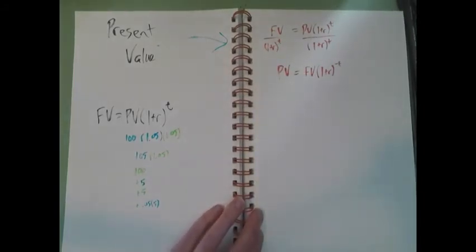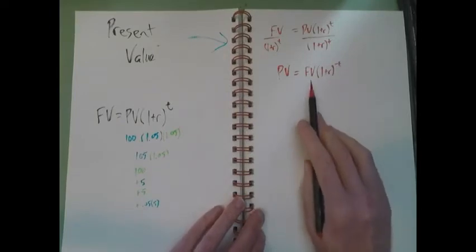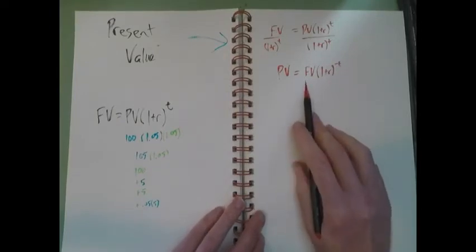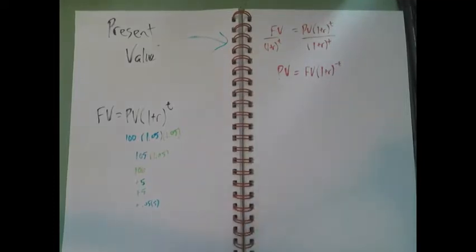So we can ask questions about r and t, but really we're most often going to be interested in taking some figure and making it comparable to some figure today. So if we're to ask a question like, we're considering some policy, right?